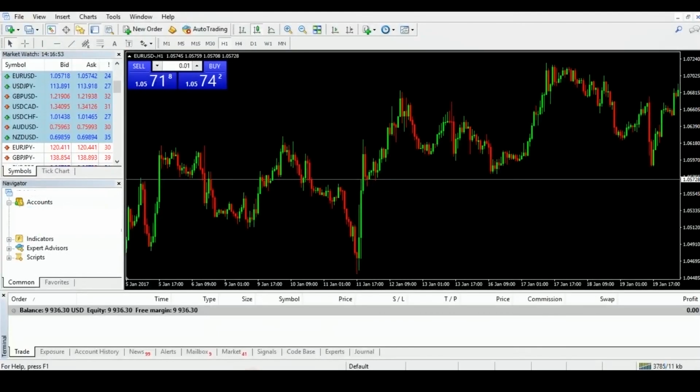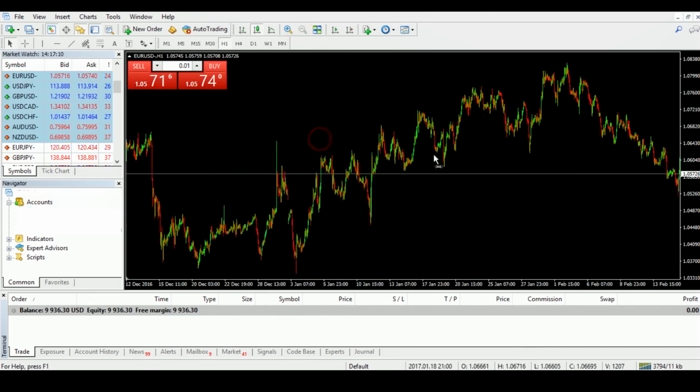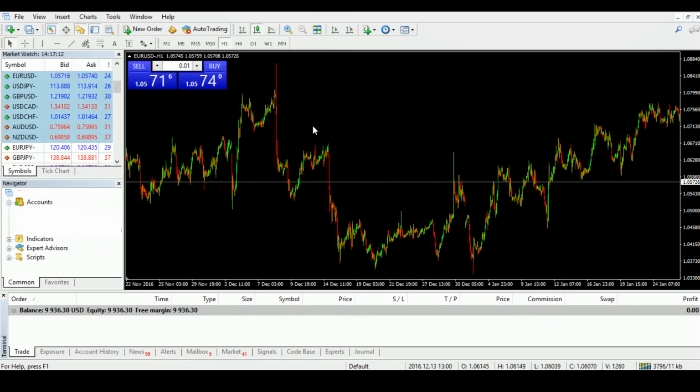Now, let's look at this practically in the market. Let's try and find support or resistance. I would say that this is valid resistance.